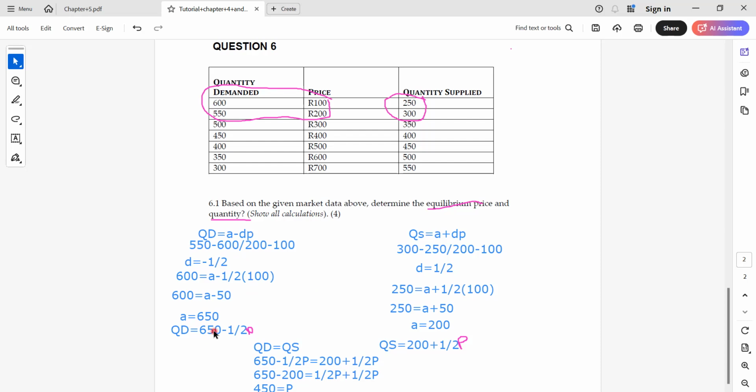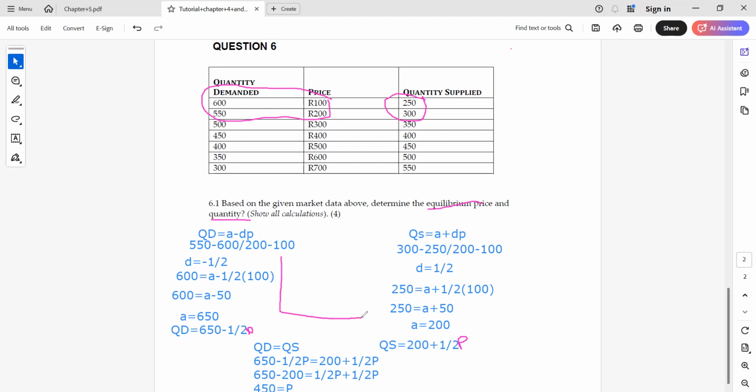So your quantity demanded is 425. It has to be equal to your quantity supplied. So on this side, you say 200 plus 1/2 times 450. You get 425 as well. So it means your steps were correct.